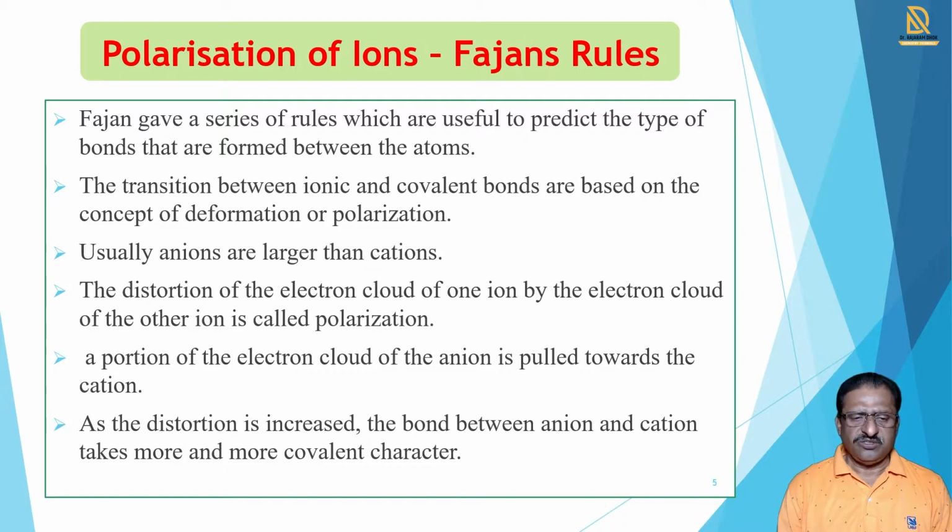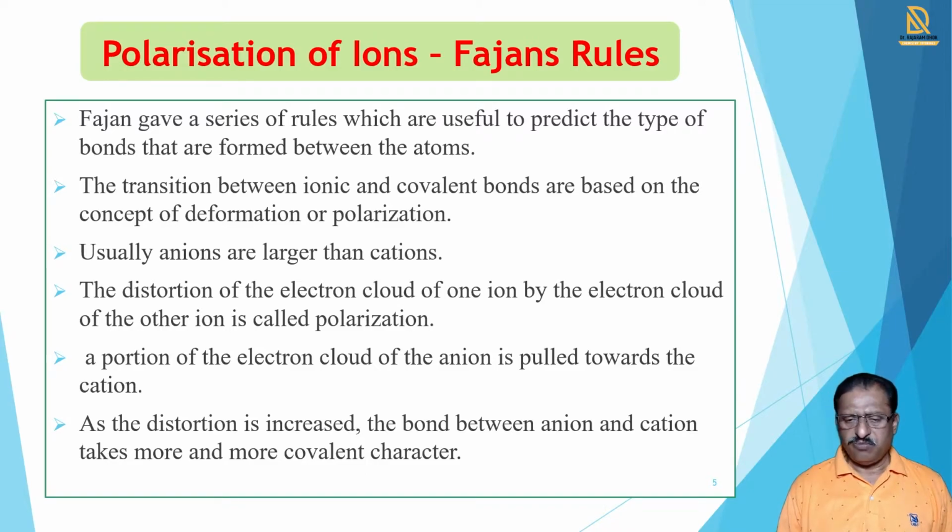So in this case, a portion of the electron cloud of the anion is pulled towards the cation, and in that case distortion is increased. The bond between anion and cation takes on more and more covalent character.